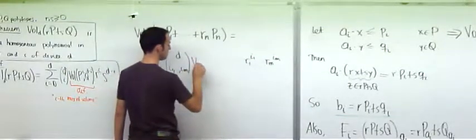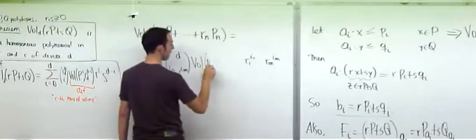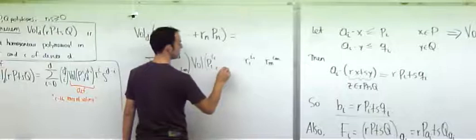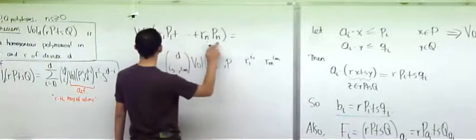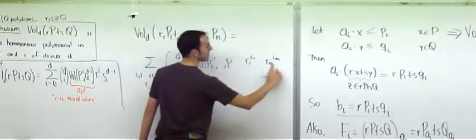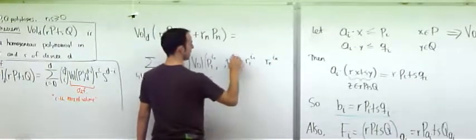And then we define a mixed volume of P1 to the i1 up to Pn to the in. Sorry, I don't know why I put an m. This is n.